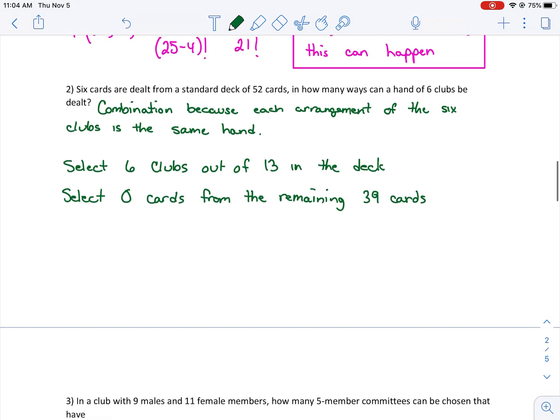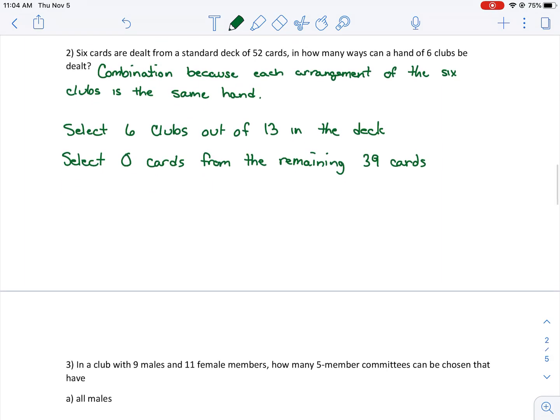All right, so that can be determined by doing the following. First, we're going to take 13 and we need to choose 6. Then we need to take 39 cards and choose none of them.